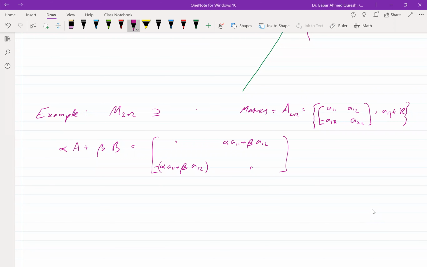So I do get an element of the same set. So this is a vector space. That means it's a subspace of these matrices.